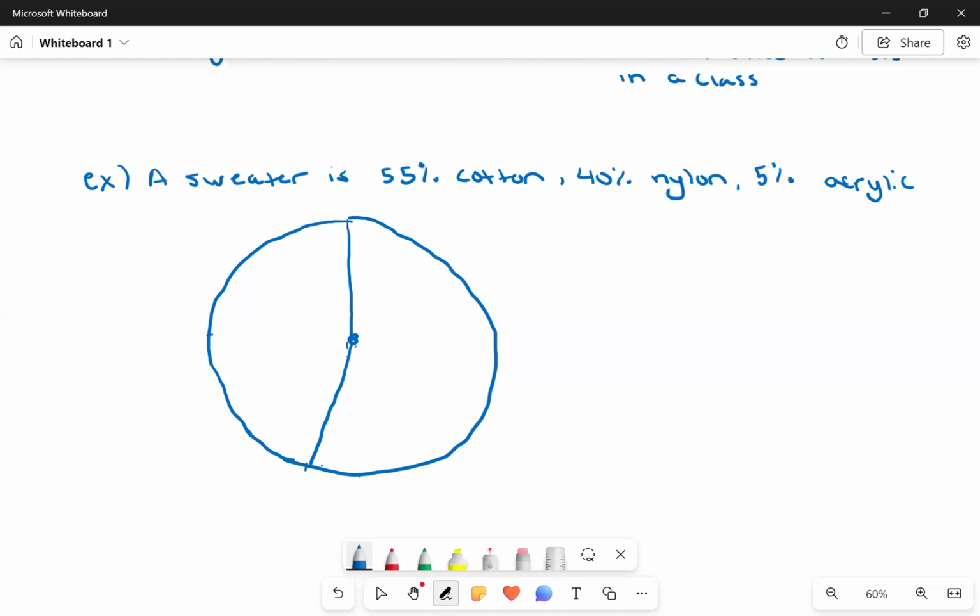Okay, so here, I'll use my highlighter. This category right here, that's cotton, at 55%. Okay, the next category, nylon is 40%.